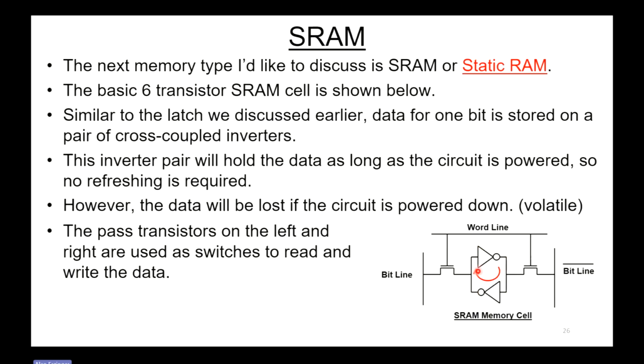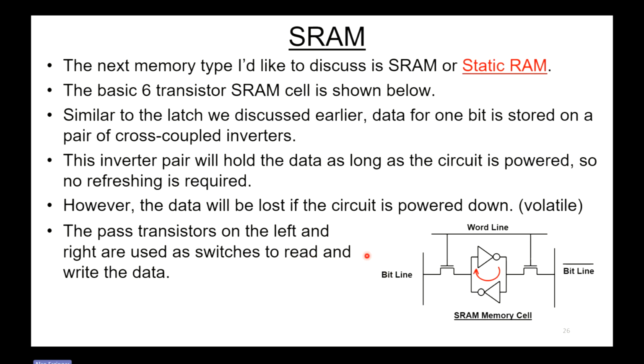It'll hold the value of whatever bit you put in here as long as the circuitry is powered. The pass transistors on the left and right here are just there for sensing or writing this bit that's being held by these anti-parallel inverters. No refreshing of this bit is required because these inverters are going to hold the bit. However, the data will be lost if the circuit is powered down. So this type of memory is volatile.